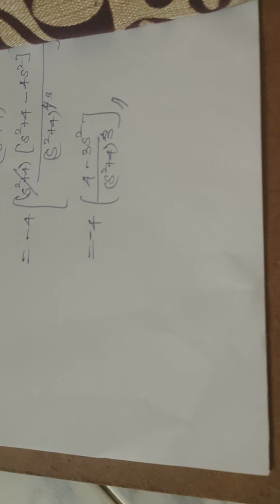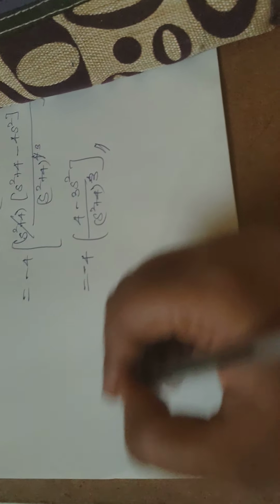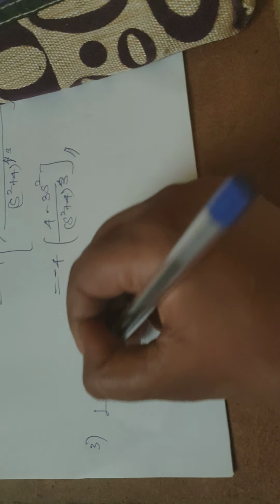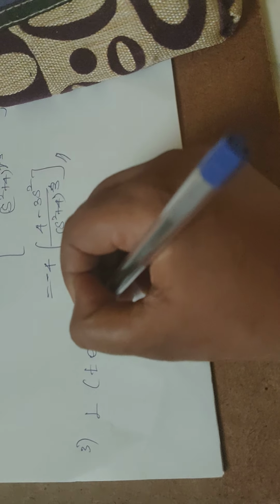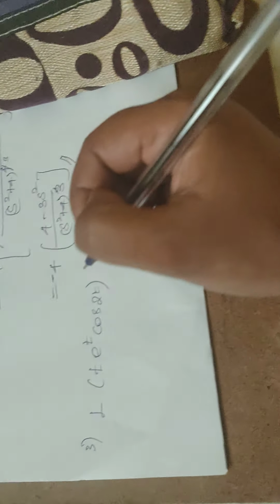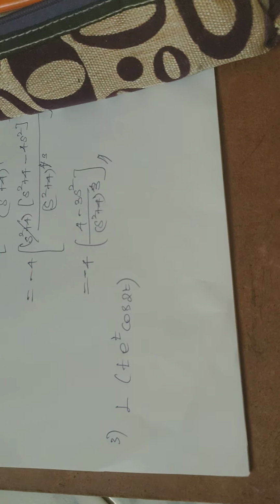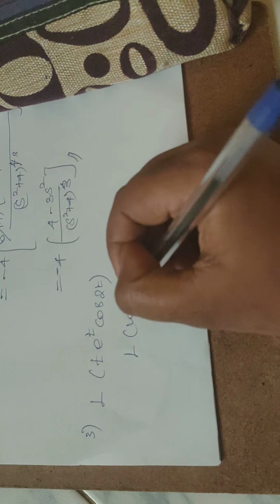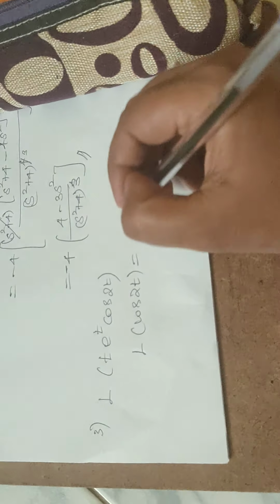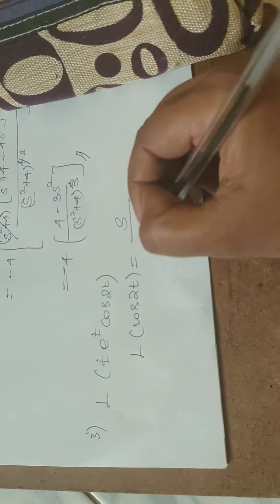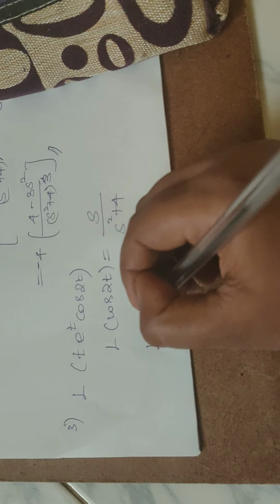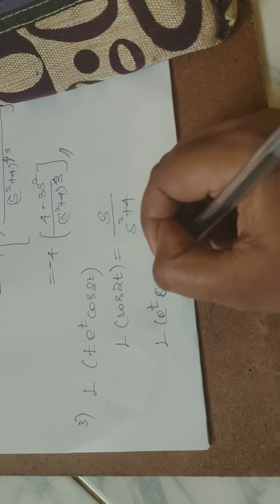That's all. Suppose we have multiplication of three functions. Third problem: L of t into e power t into cos 2t. So what we have to do? First find L of cos 2t. We know that it is s by s square plus 4. Then what is L of e power t into cos 2t?